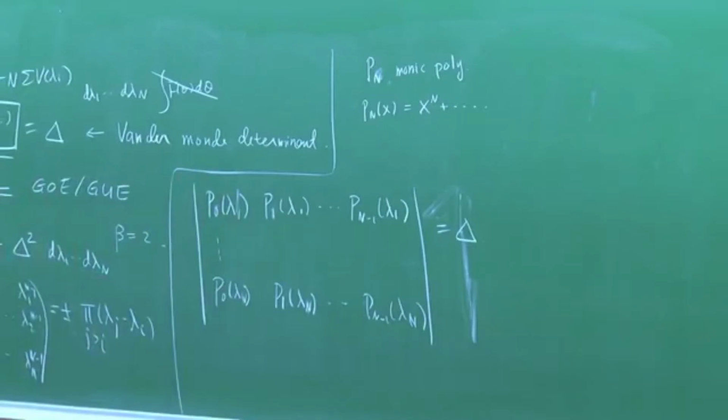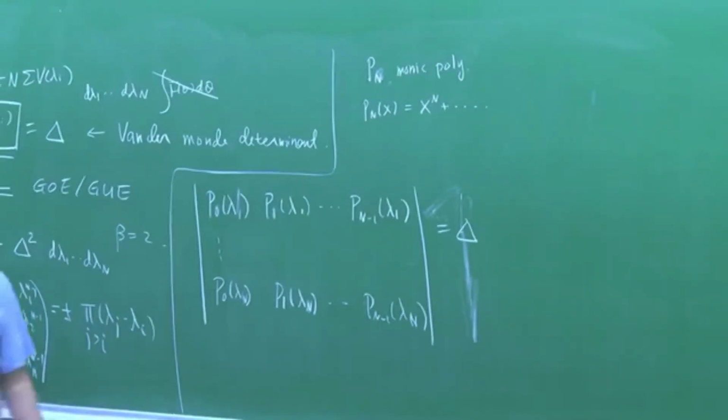And the reason is this: this column is lambda 1 to the n minus 1. From linear algebra, I know that I can take a linear combination of the lower powers, up to lambda 1 to the n minus 2, and add everything to here. You will not change the value.